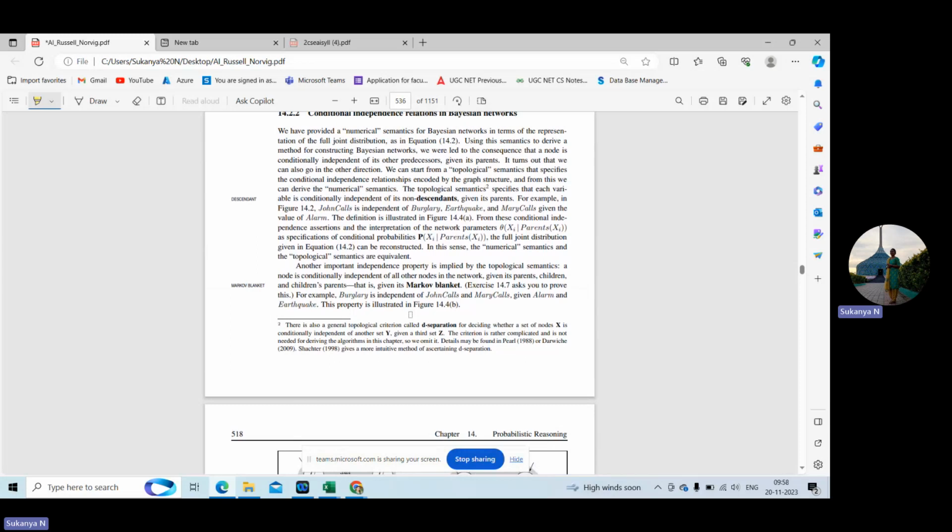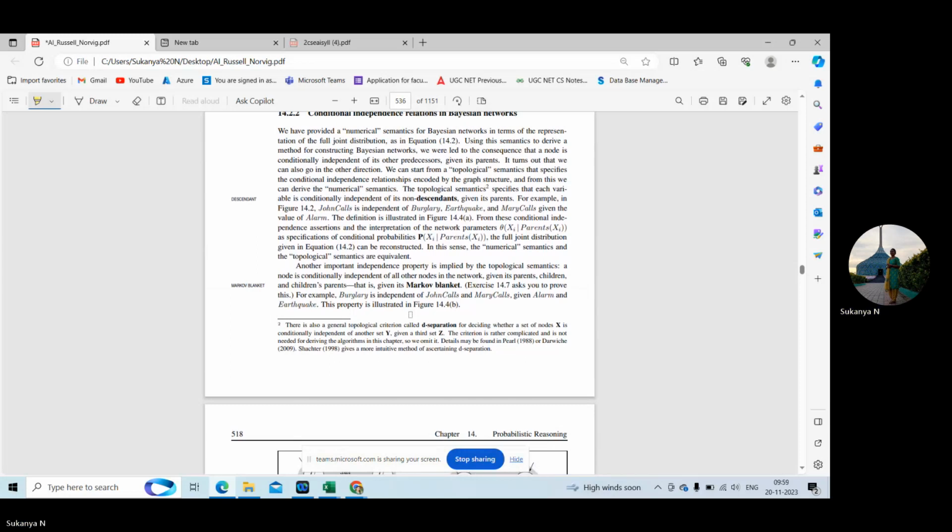So the first example is Mary calls and John calls are independent of burglary, but the parent is the same, alarm.